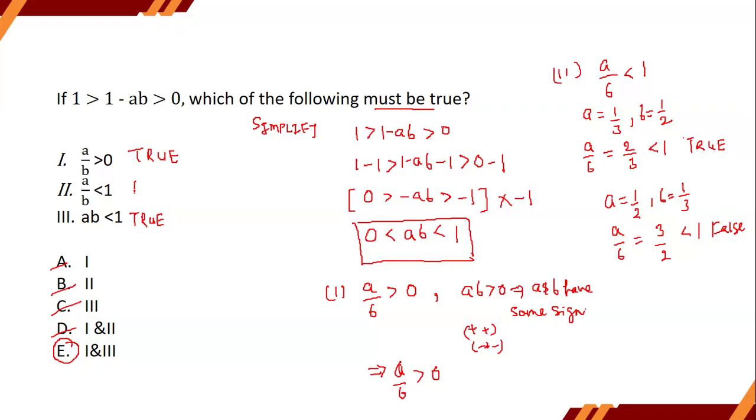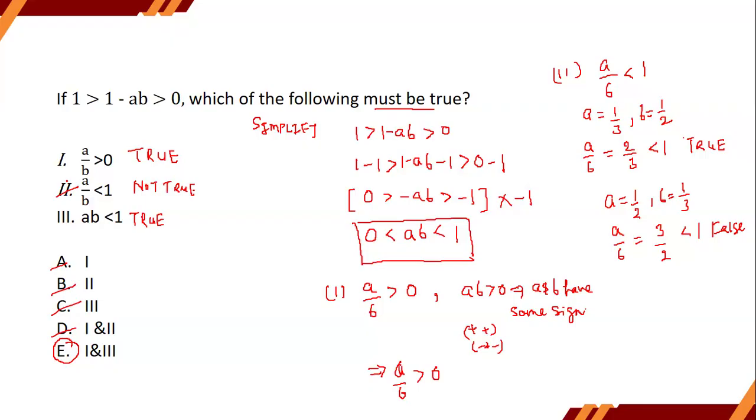So we can eliminate option 2 from here. Hope this is clear. Though we solved for option 2, it was not required because we were able to get the answer directly after solving option 1 and option 3 only.